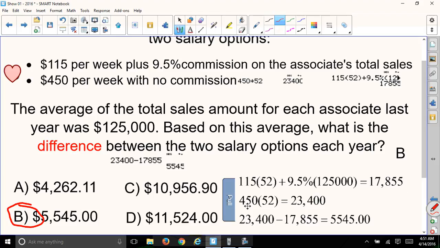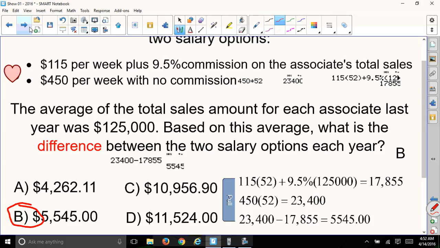His salary, the other person worked $450 per week times 52 weeks. That's his salary, 23,400. When we subtract the two, we get $5,545 is the amount of difference between the two. So who would make more money? The second guy. That would be the better option to choose.